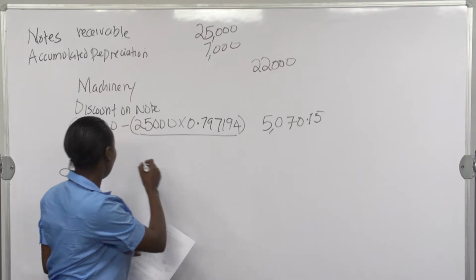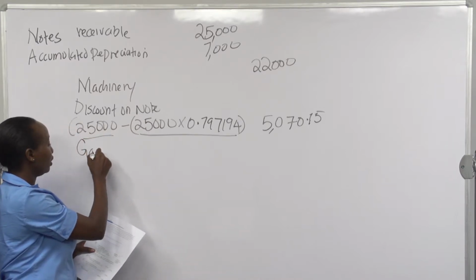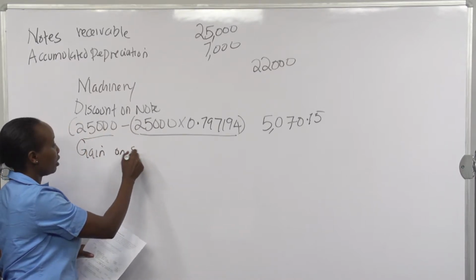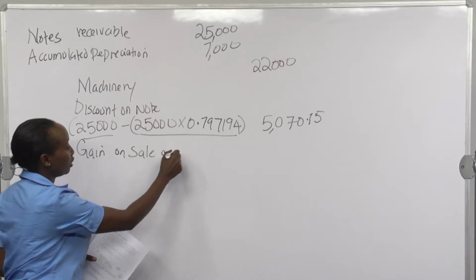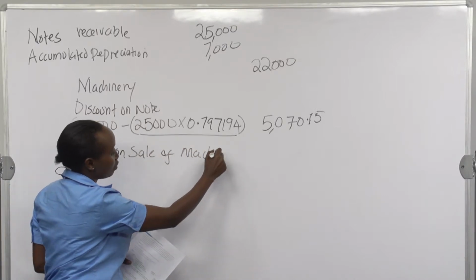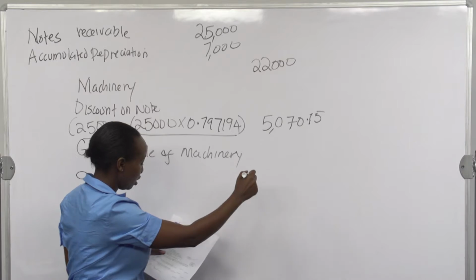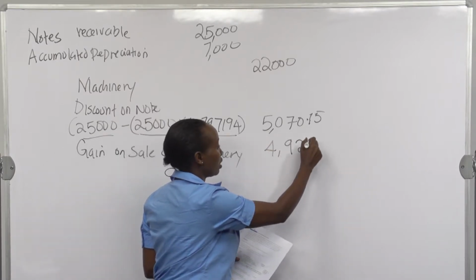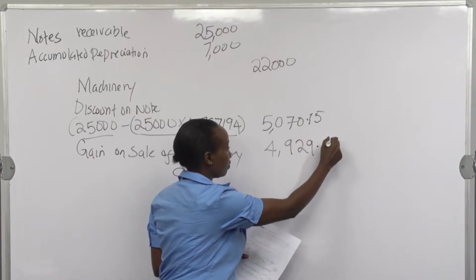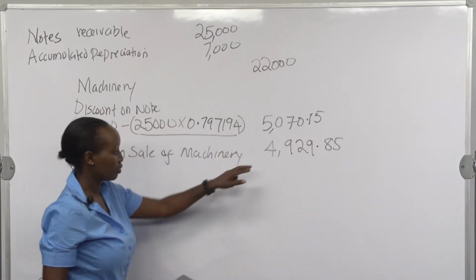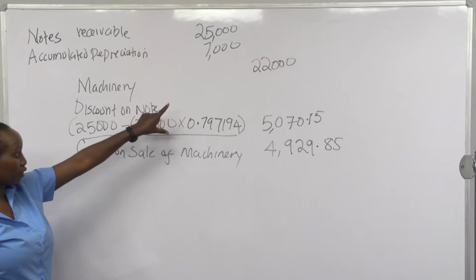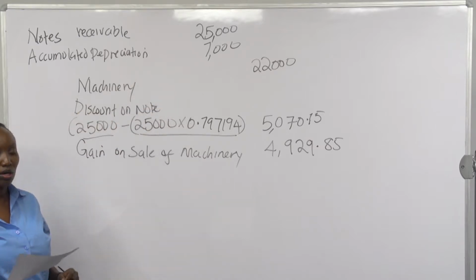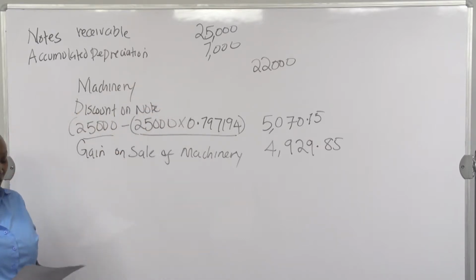So the gain on disposal, or gain on sale of machinery, comes to $4,929.85. This is derived from working on those other factors.